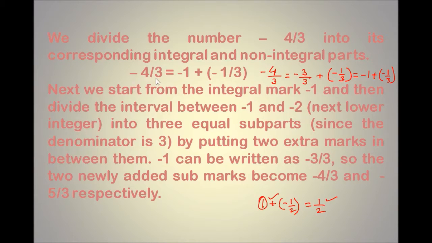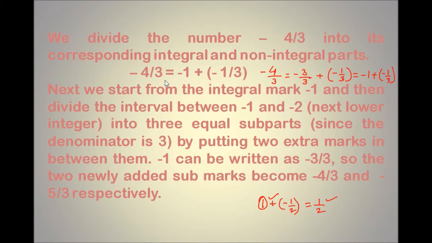In the case of negative rational numbers of case 2 type, one of the numbers will be obtained from here and the other number will be the next lower integer. So we are taking the interval between -1 and -2. So -4/3 will be lying between -1 and -2.